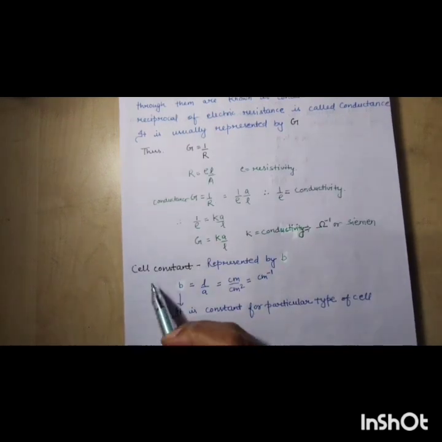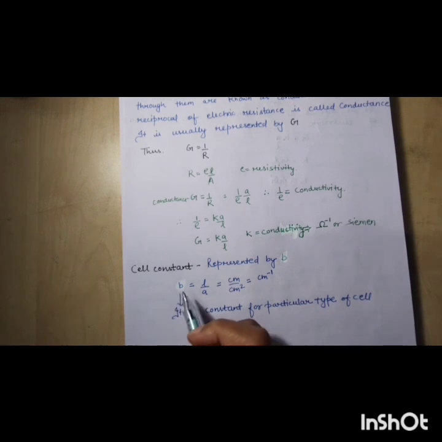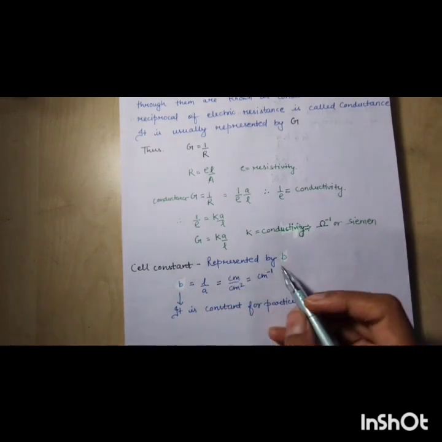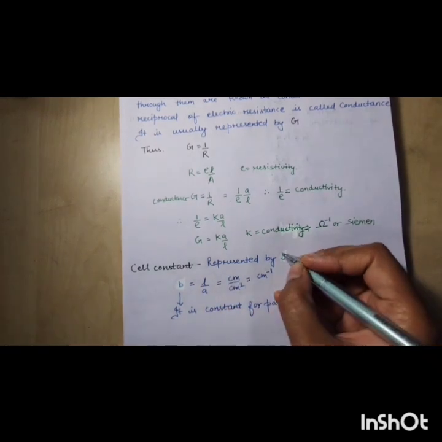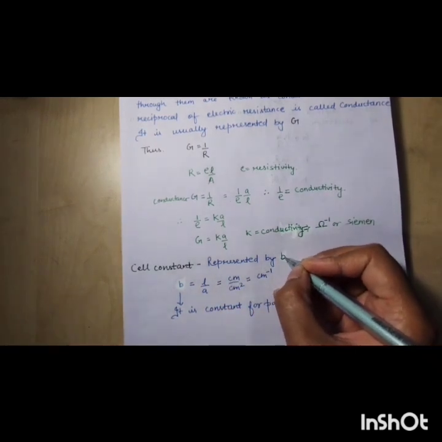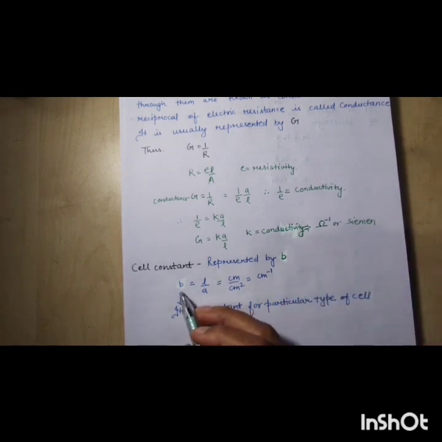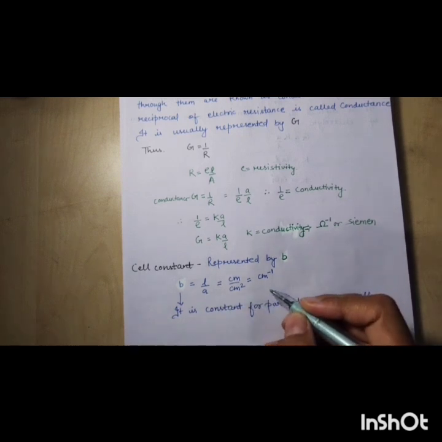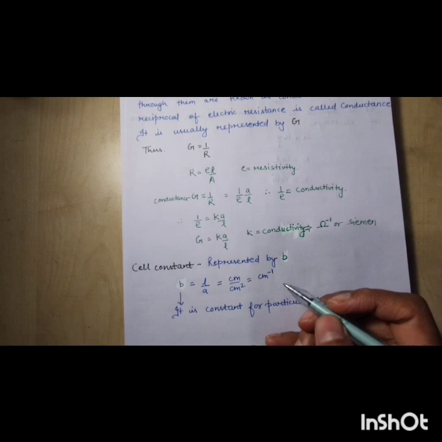Now next is the cell constant. It is also important. We denote it by small b. So cell constant is equal to length by A, and its unit is centimeter inverse.